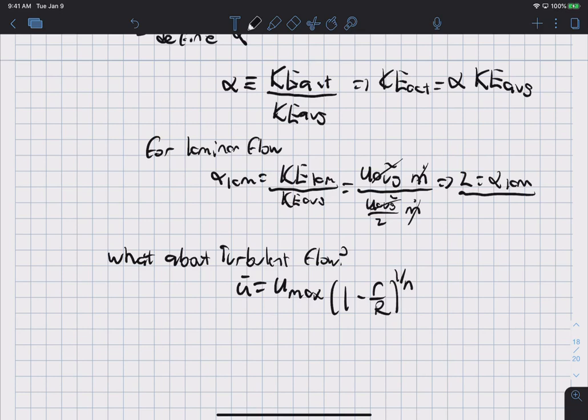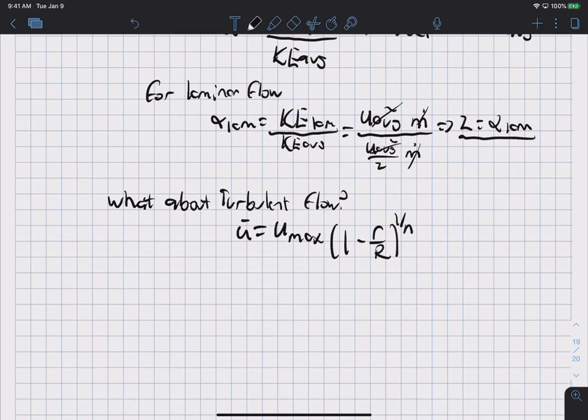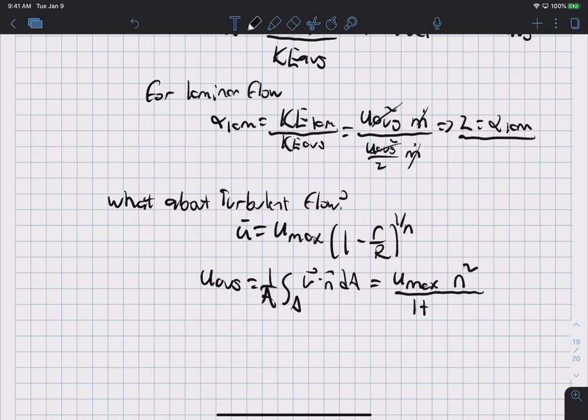Okay, and here we need to calculate the average velocity. u averaged is defined to be 1 over A times the integral of the volumetric flow rate, v dot n hat dA. And if you stick this into here and do the integral, I'm not going to do it. This equals u max times n squared over 1 plus 3n plus 2n squared. Okay.